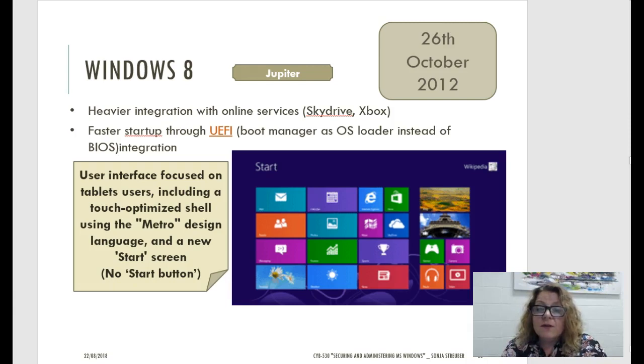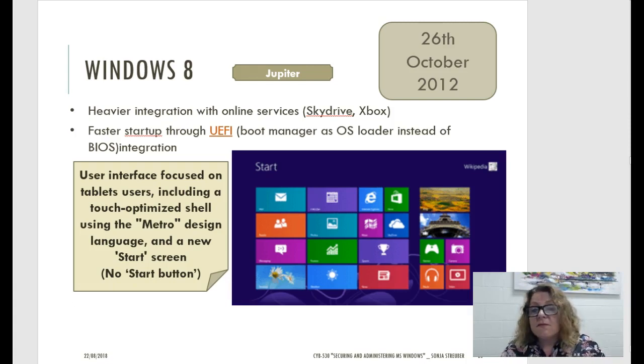And here in Windows 8 we have a complete change from a desktop operating system approach to a tablet approach. The users did not take that very well because there was no start button, you have these tiles all over the place, and that was the big criticism of Windows 8.